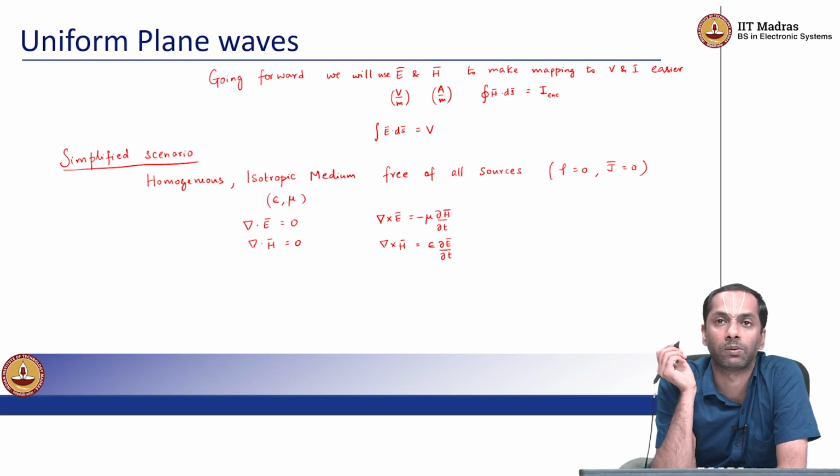So these are the four Maxwell's equations when we say rho and J are 0.